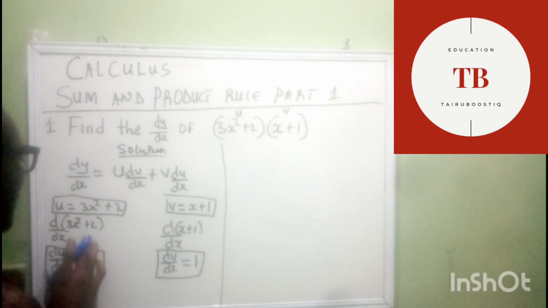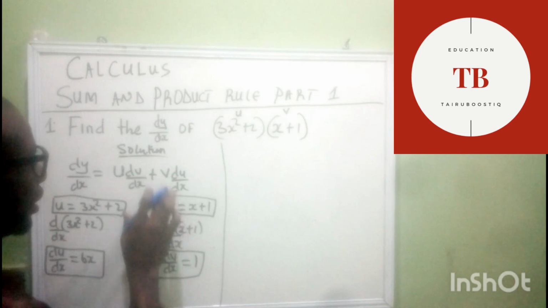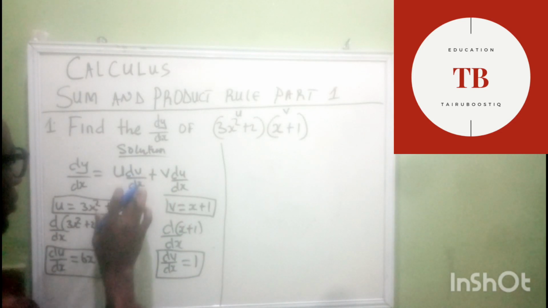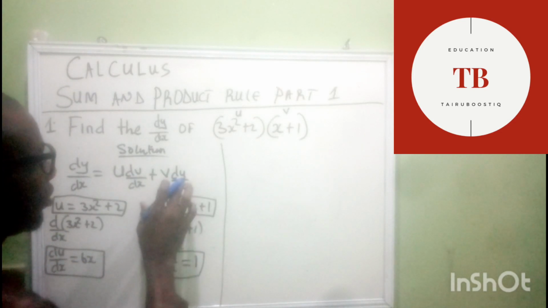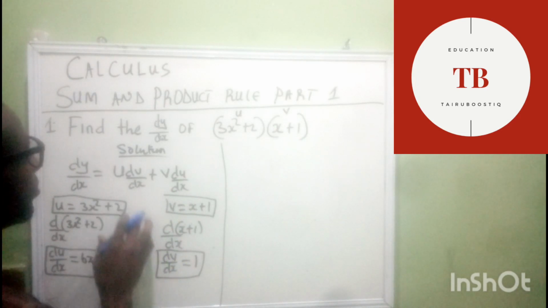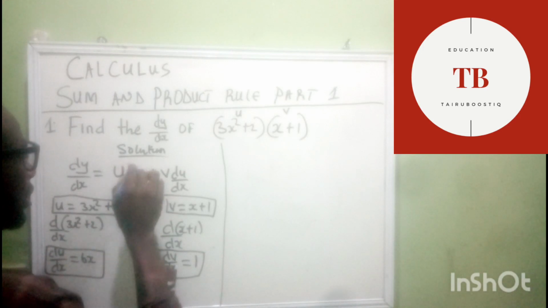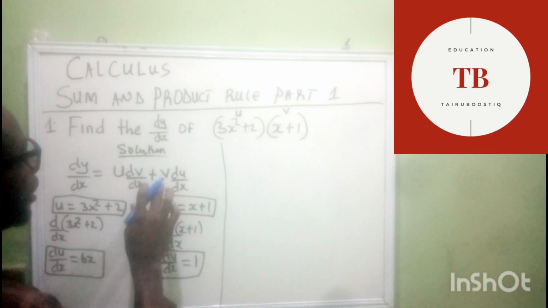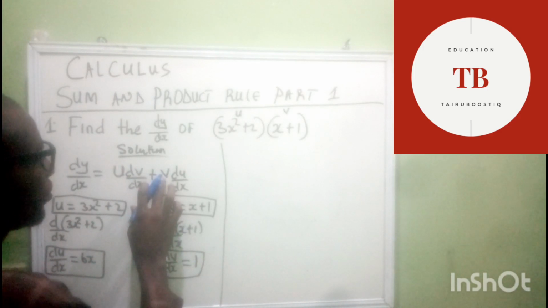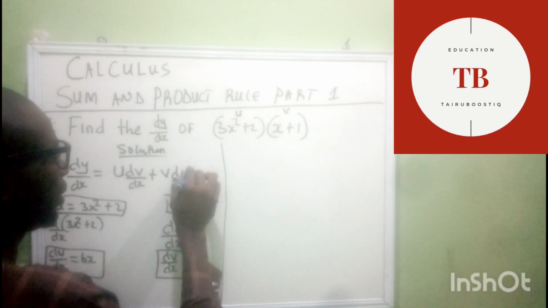Now we want to put the value of u into the formula, the value of v here, the value of du/dx, which is this one, and the value of dv/dx here. Remember the formula is u dv/dx plus v du/dx.